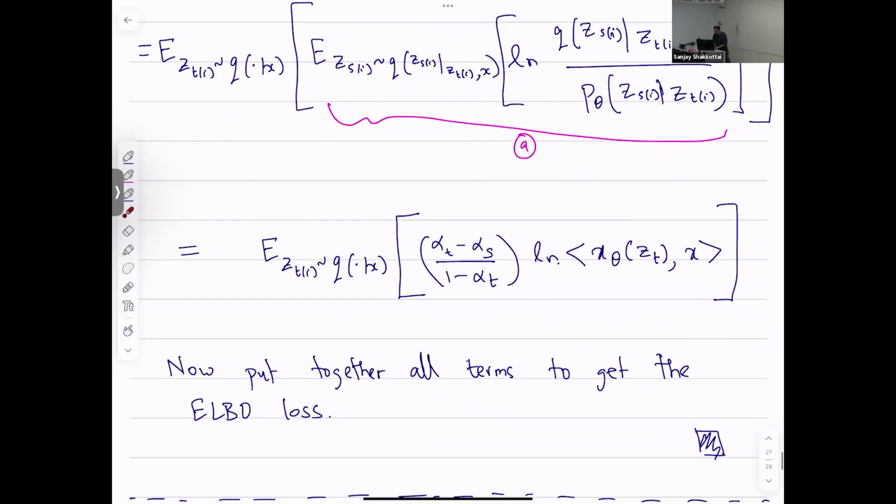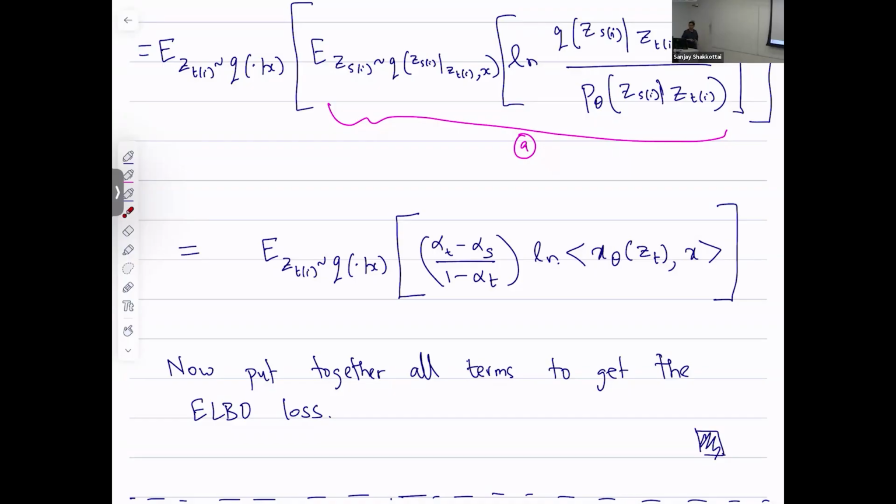You put these things together to get the ELBO loss. Hopefully you've now seen how the whole pipeline goes through. We just use those properties and calculate things through. And this is exactly the ELBO loss for discrete, with no random reflipping, nothing. It's just straight through. Once I unmask, I'll stick to unmasked. This is what we'll get.